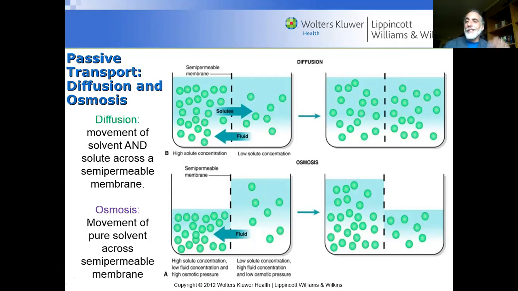Whereas in diffusion the level stayed the same on each side, with osmosis, on the other side of an osmotic membrane, you may have the level or the pressure increase.